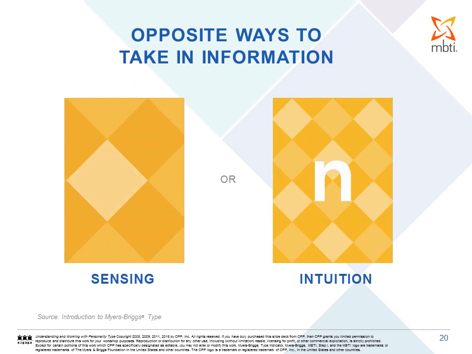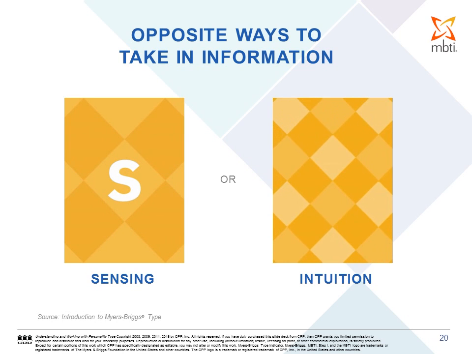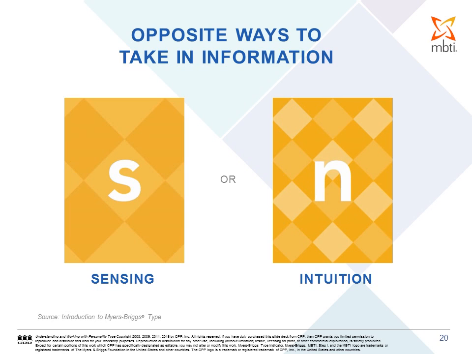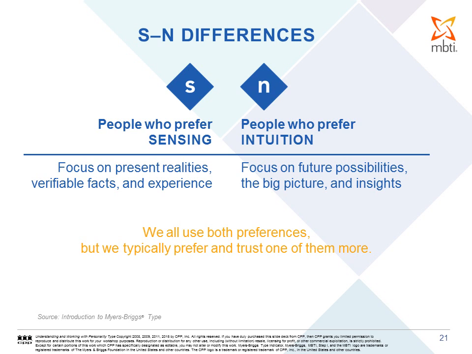The next dichotomy is focused on how we take in information, and the choices are sensing or intuition. People who prefer sensing tend to focus on present realities. They like verifiable facts.